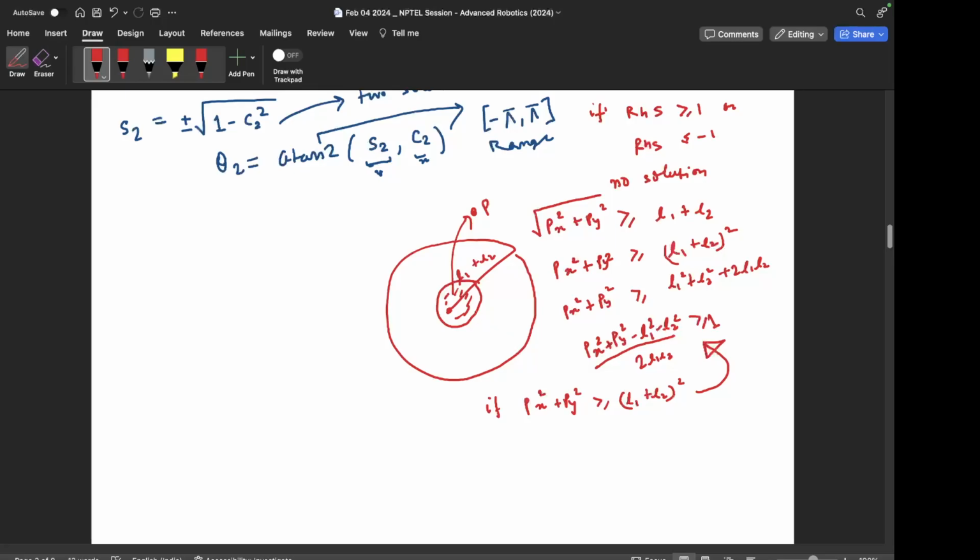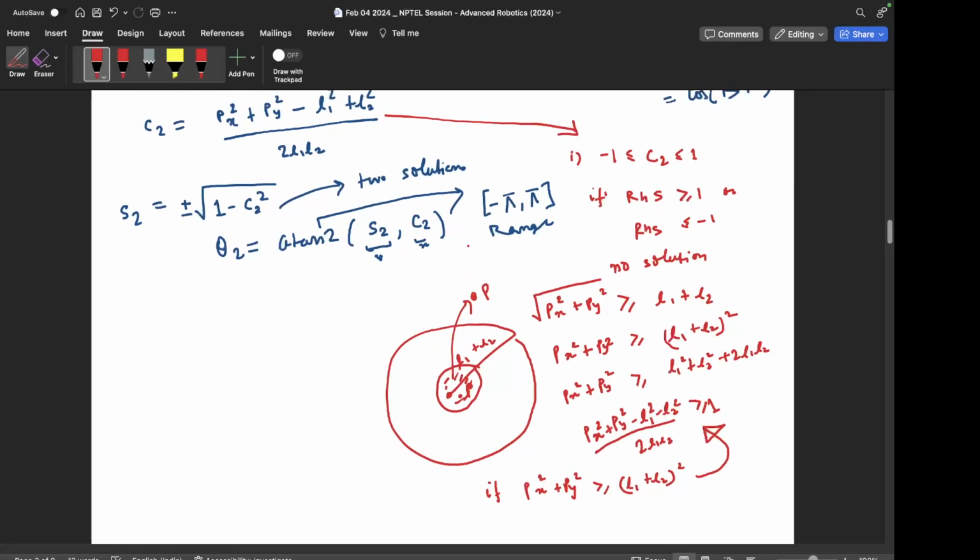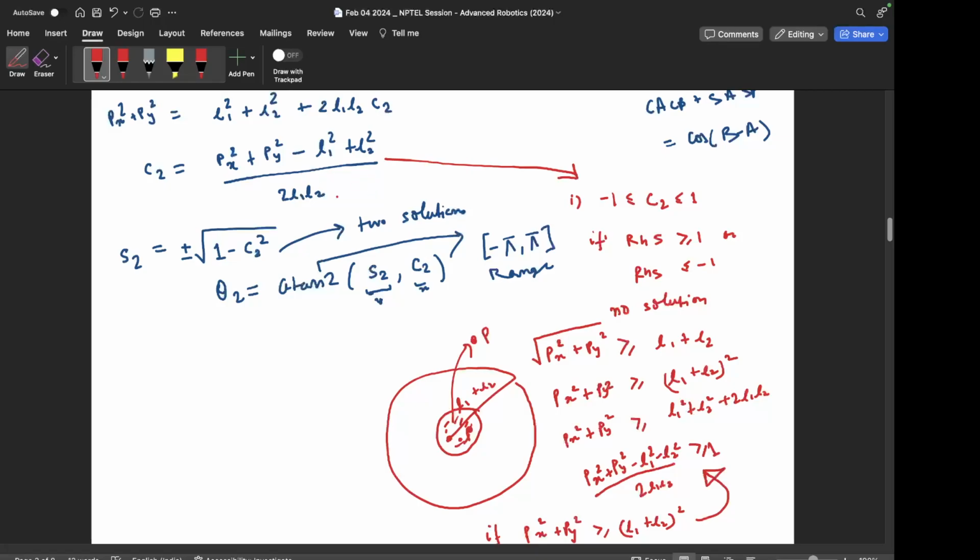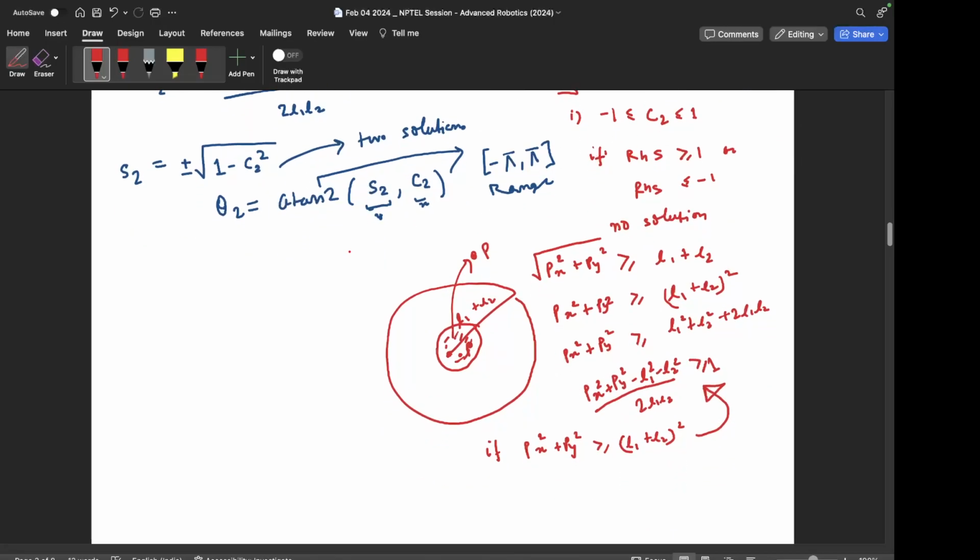So in that case, if the point lies inside this, then also there will be no solution. So if those cases are satisfied by the end effector position, then at this stage only you would declare that there exists no solution to this inverse kinematics problem, right?